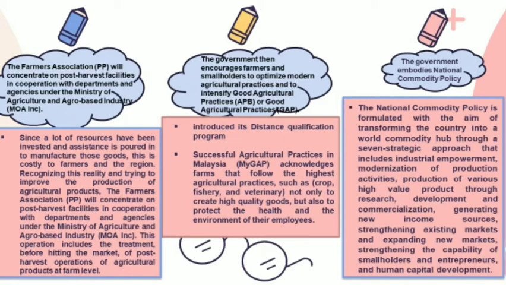The national commodity policy is formulated with the aim of transforming the country into a world commodity hub through a seven-strategy approach that includes industrial empowerment, modernization of production activities, production of various high-value products through research, development, and commercialization, generating new income sources, strengthening existing markets and expanding new markets, strengthening the capability of smallholders and entrepreneurs, and human capital.